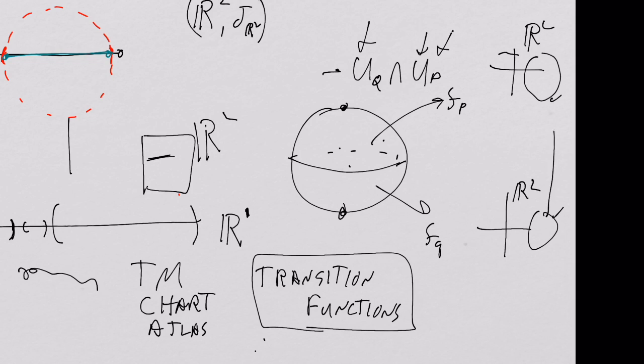Well, the question is, what's the relationship between these two topological spaces? And the transition functions are these functions here, and they are also going to be homeomorphisms. They're very, very critical to understanding differential manifolds and the value of this entire program. And we'll talk about that next time.